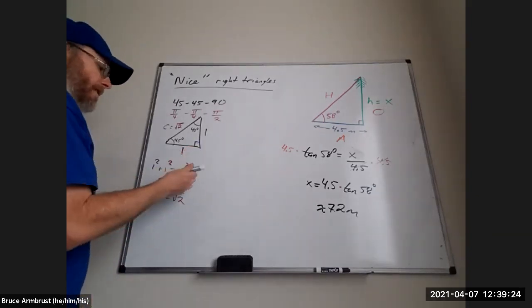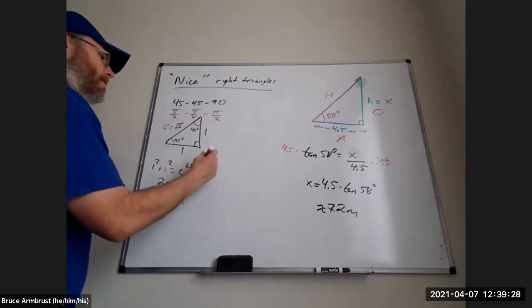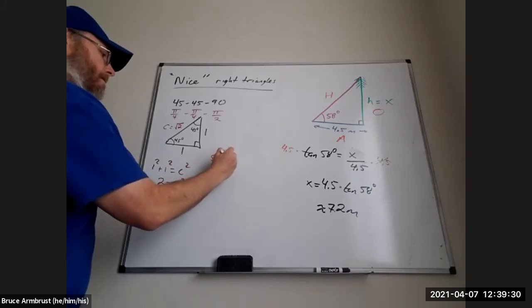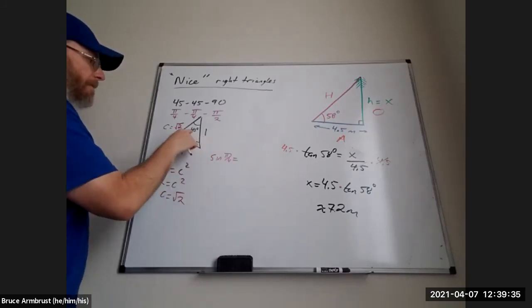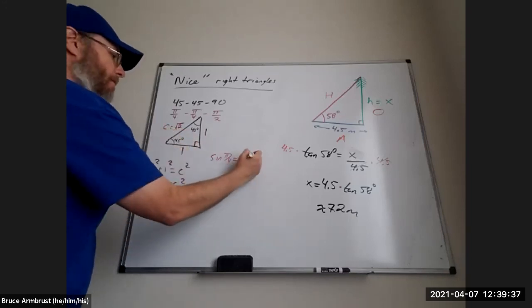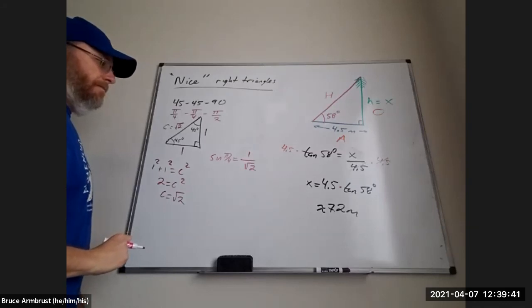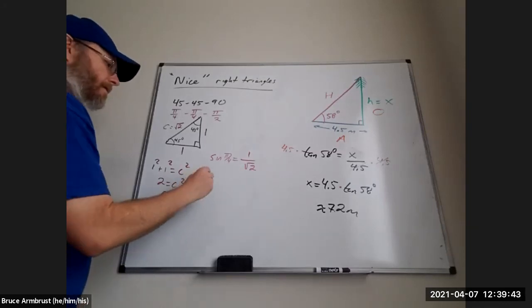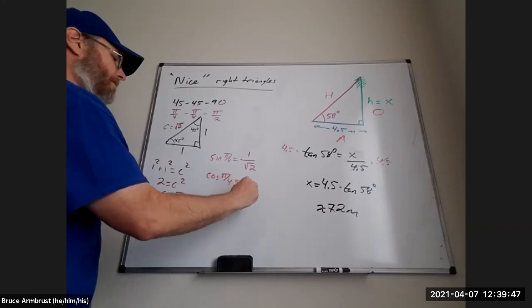So from this, we know the sine of pi over 4 is equal to opposite over hypotenuse, which is going to be 1 over root 2. The cosine of pi over 4 is actually going to be exactly the same.